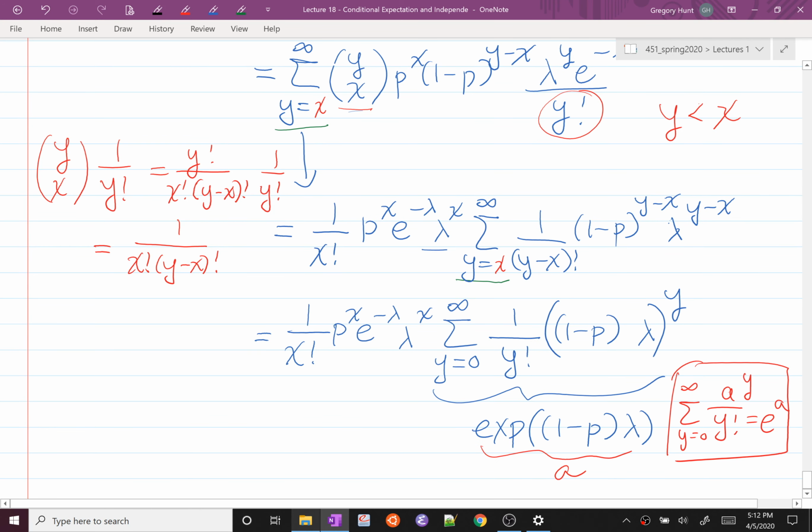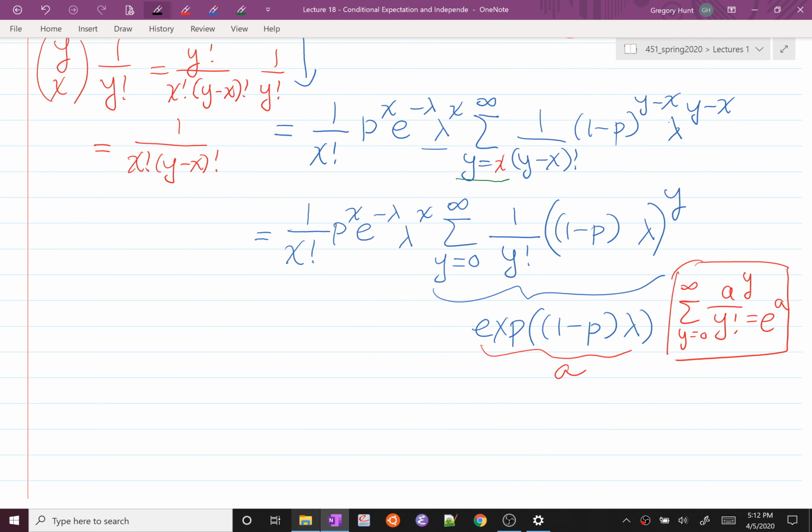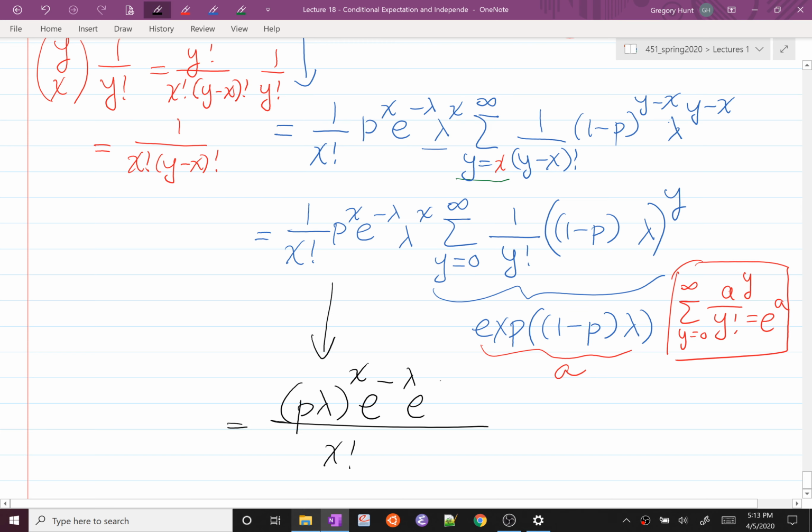So what we get left with altogether here is an x factorial in the basement. We get a p and a lambda to the x. We get an e to the negative lambda and an e to the 1 minus p times lambda.